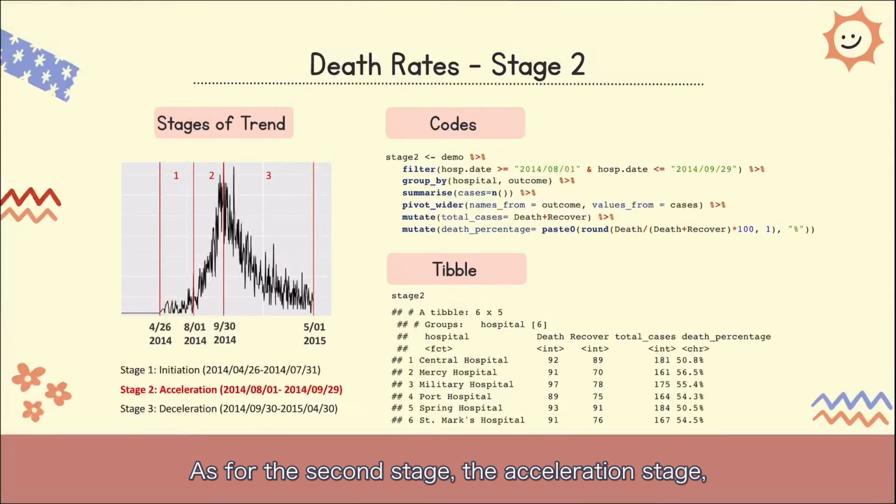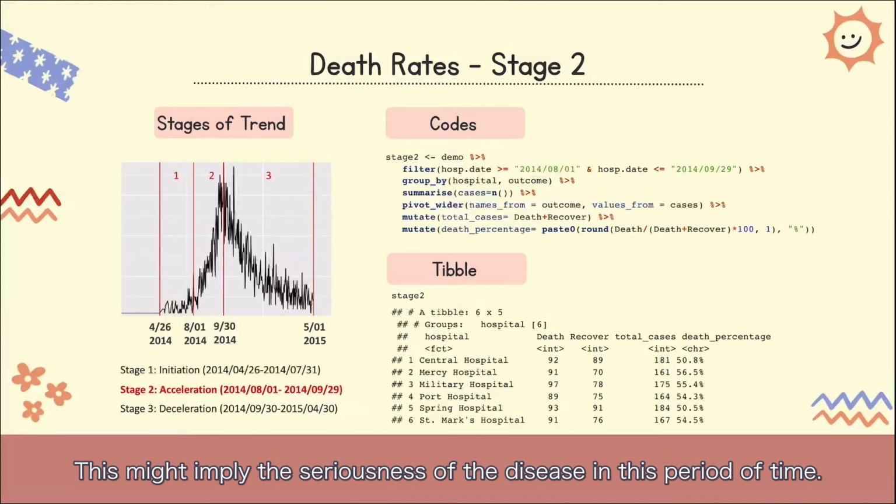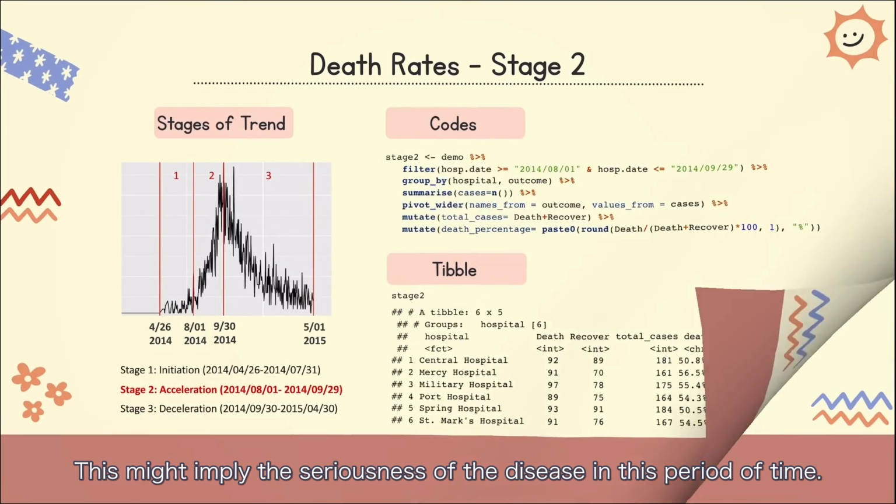As for the second stage, the acceleration stage, the death rates of the 6 hospitals are similar, ranging from 50.5% to 56.5%. All hospitals except for Mercy Hospital have higher death rates in this stage. This might imply the seriousness of the disease in this period of time.